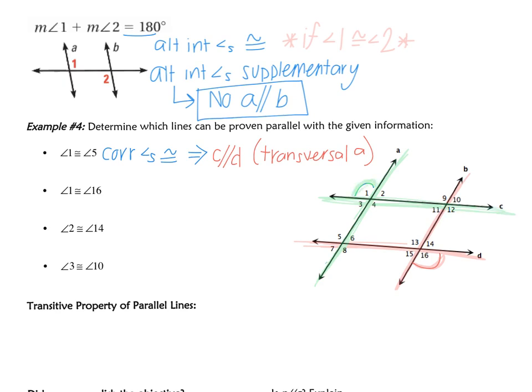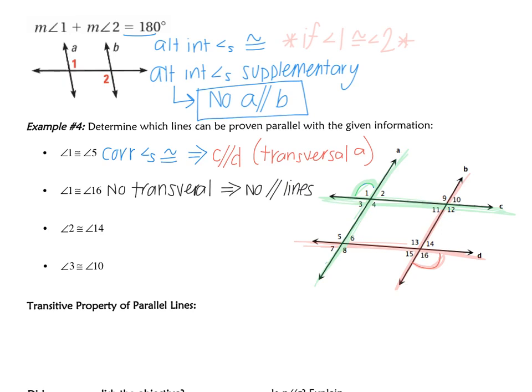They do not share the same lines or the same transversal. In this case, angle 1 and angle 16 have no transversal, which means no parallel lines.